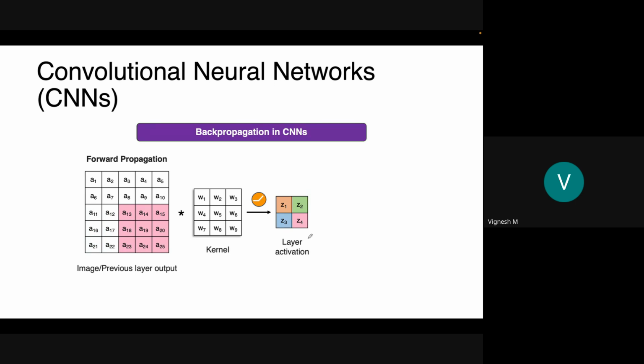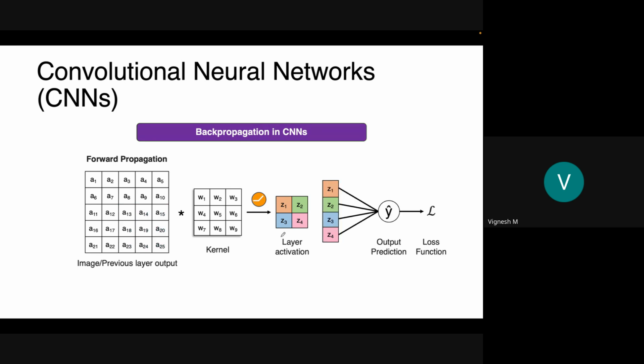So this is forward propagation. Let's say this is my final layer activation, and then I flatten this layer out. Let's say I just have one final output prediction, y hat, and then I compute the loss function. So this is the forward propagation in CNNs. Everyone's clear with this idea, right? This is what happens.